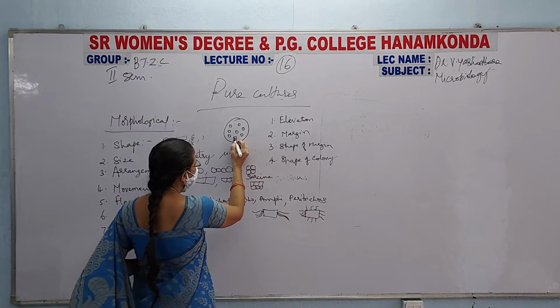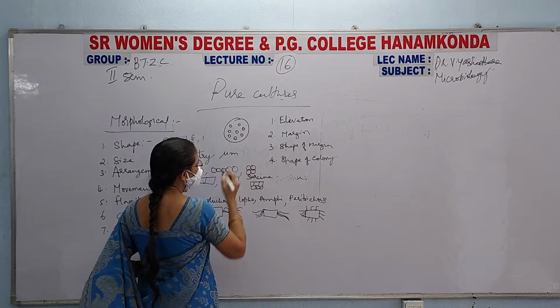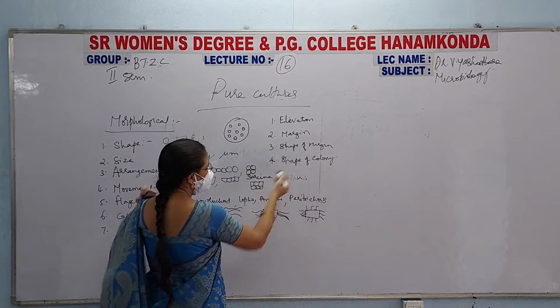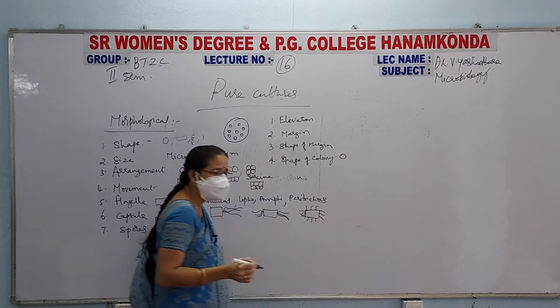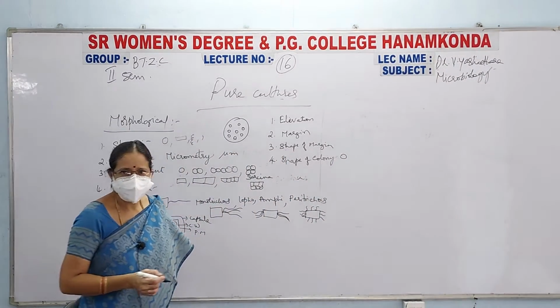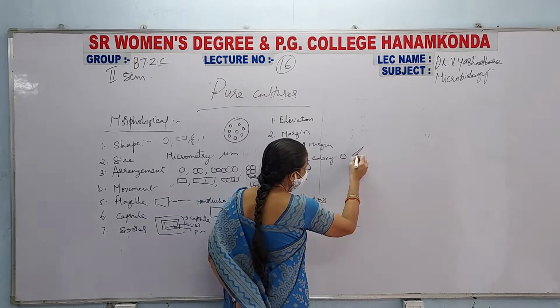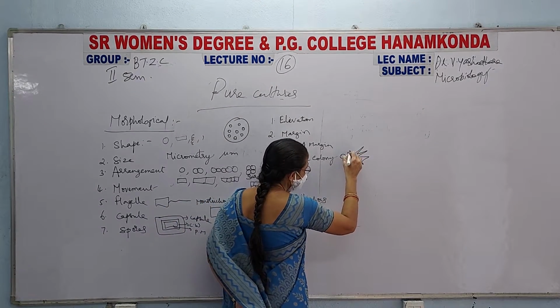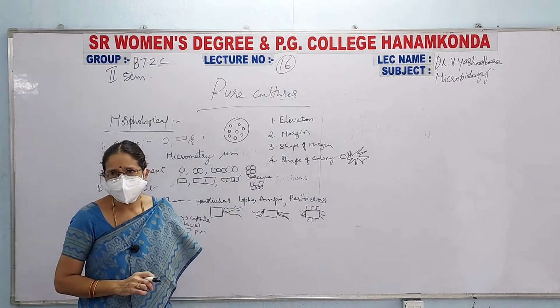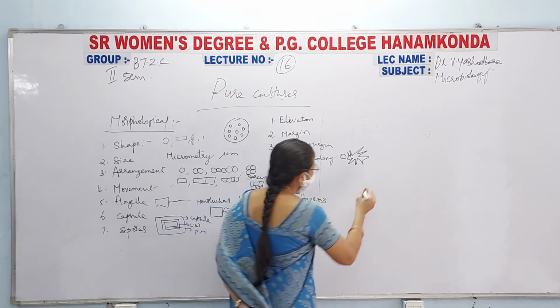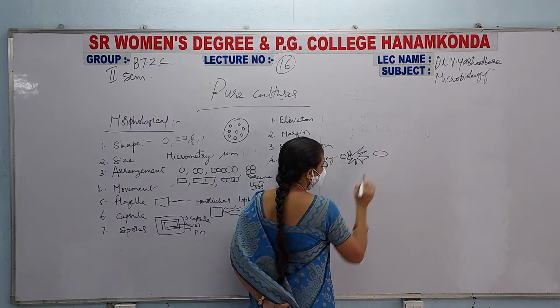Now see here, when you are talking about the bacterial colonies, what is the shape of the bacterial colony? I have drawn a circular shape, the spherical shaped colony. Some colonies will be like this, irregular colonies. Sometimes the colony will be ellipsoidal.